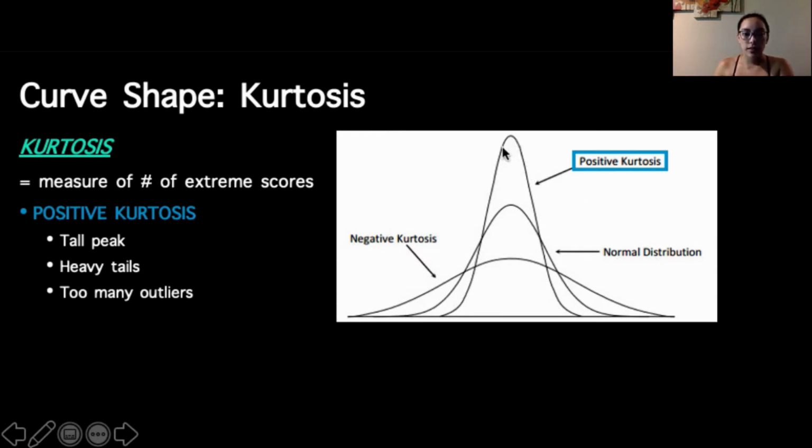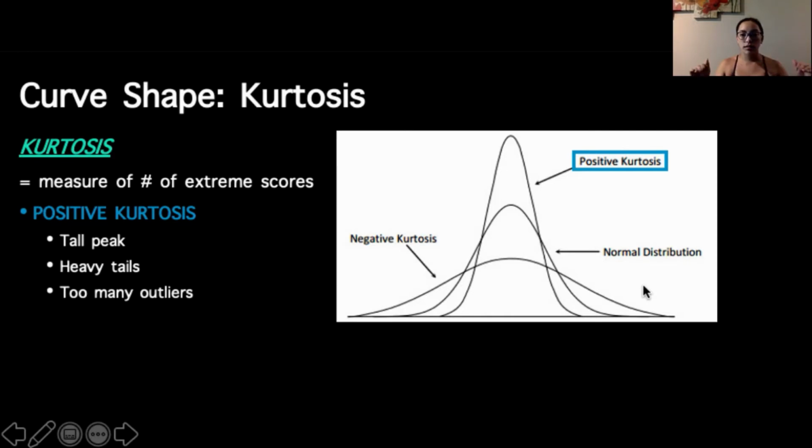Positive kurtosis is going to be when you have a really tall peak and elongated tails out here. It doesn't look like it in this picture, but just imagine that this line extends very, very close to the x-axis. Okay. So positive kurtosis is characterized by a tall peak, long, and what we call heavy tails, so they sink towards the x-axis, if you will.